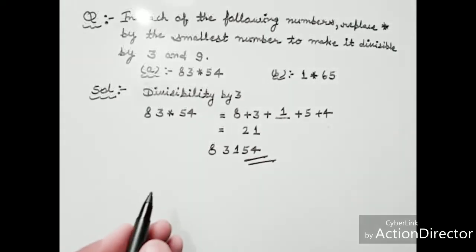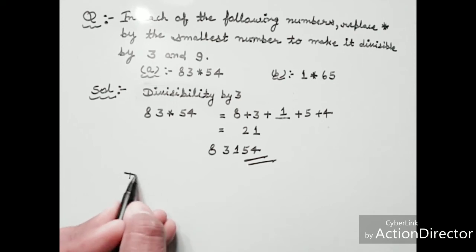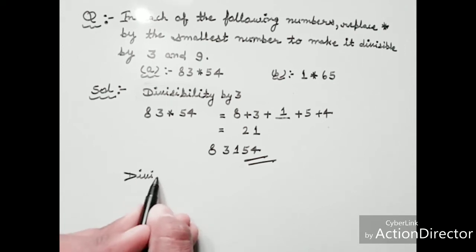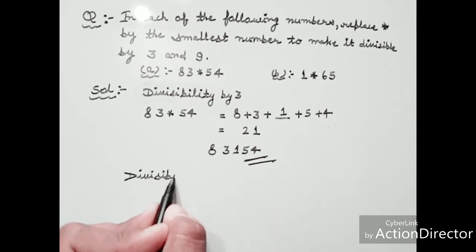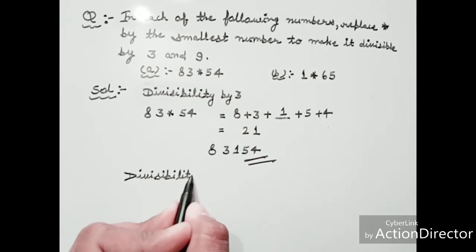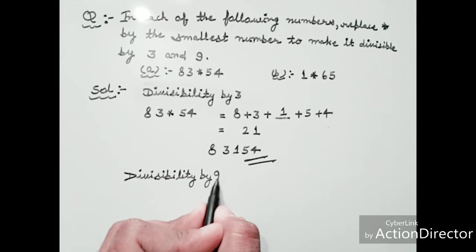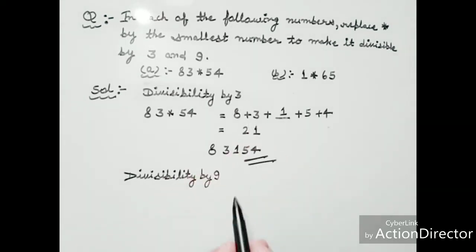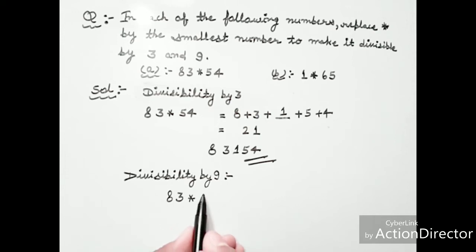Now make this number divisible by 9. So divisibility by 9. The divisibility rule of 9 says that if the sum of all the digits is divisible by 9, then the whole number is divisible by 9. Number 83 star 54.